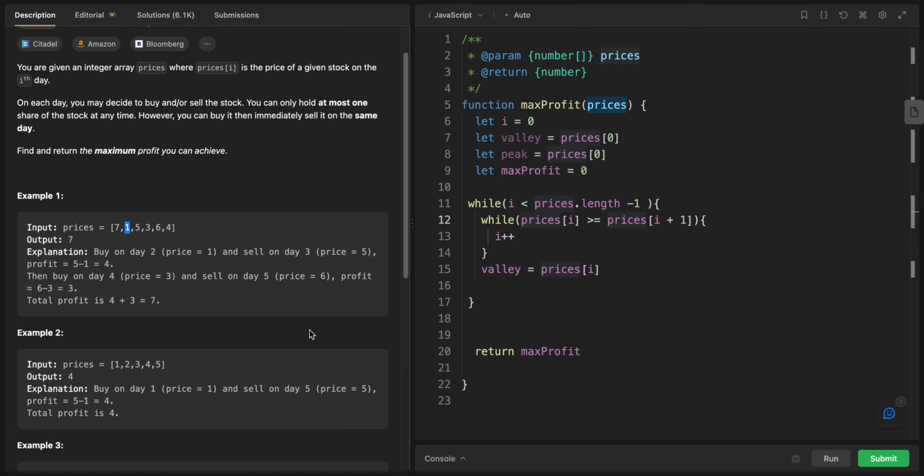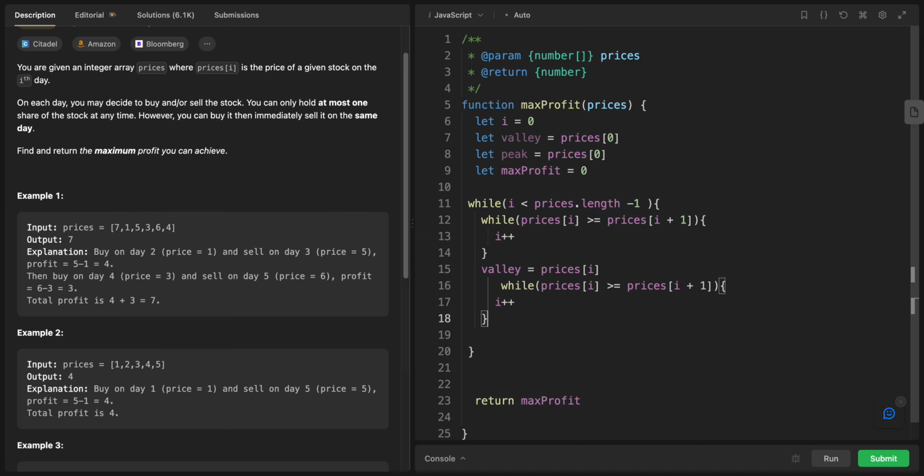Right now we want to know which day we should sell the stock. So we create the same while loop. However, the only difference is that we want the prices of i to be smaller than or equal to prices of i plus 1. So for this one, we will get the peak.